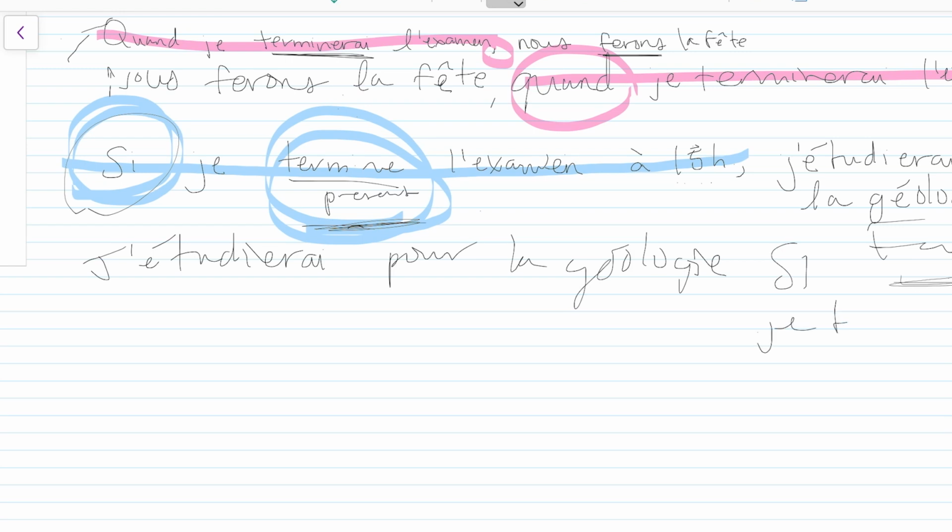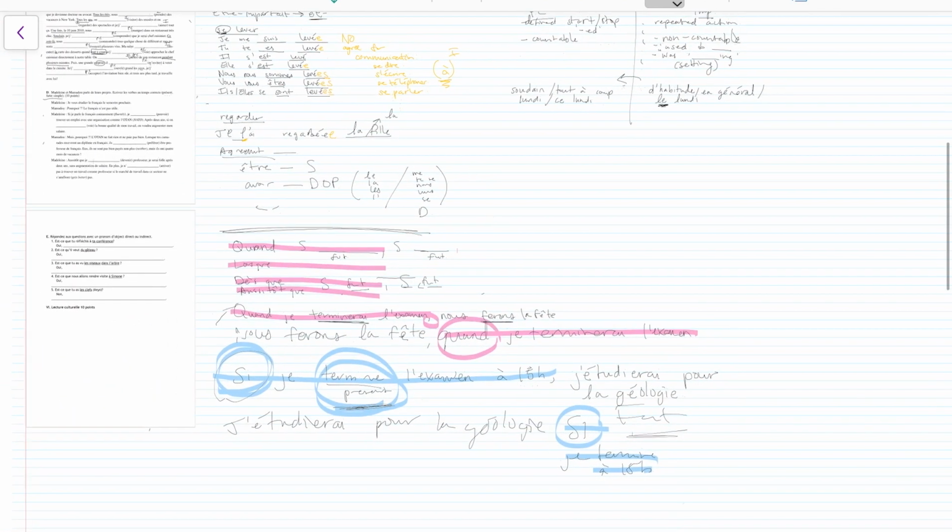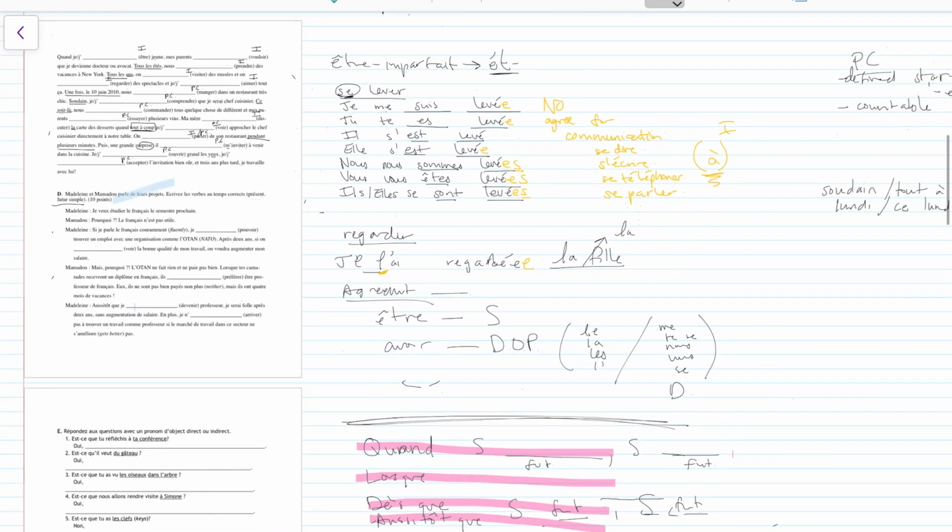Si, now it goes in the middle of my sentence, je termine à 15 heures. Again, my si is attached to my present, je termine, even though I've put j'étudierai, the future, at the beginning.